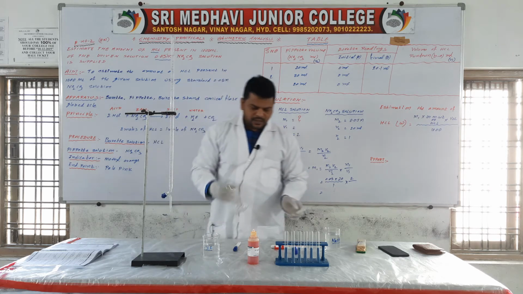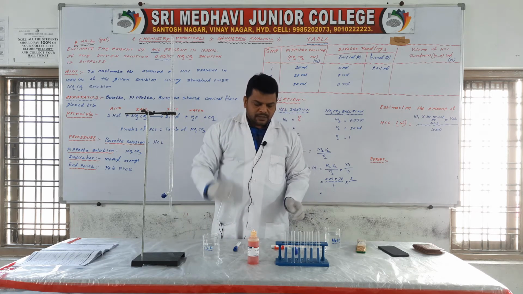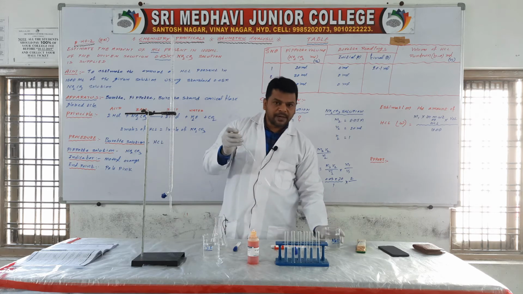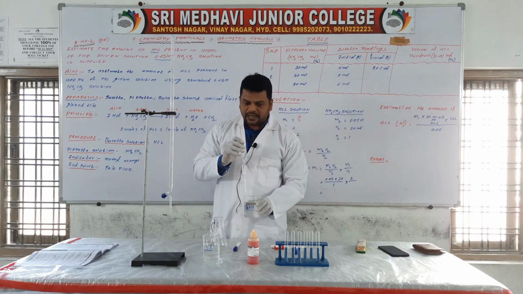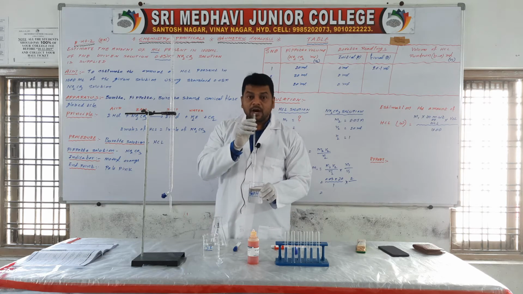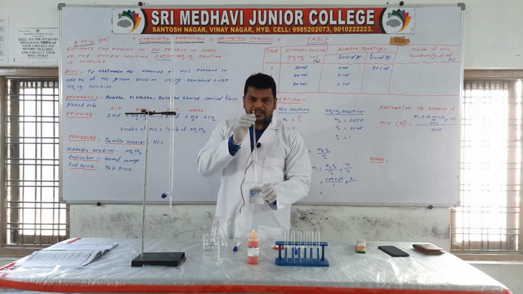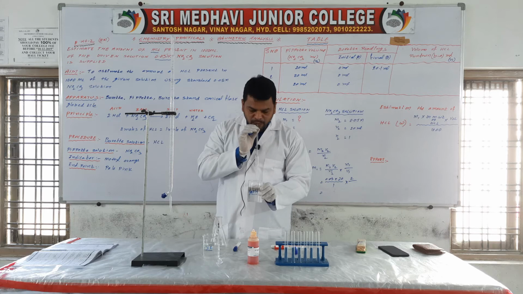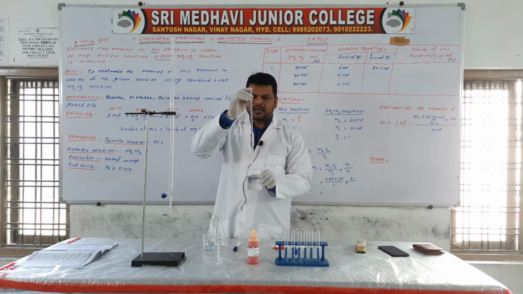Then you have to take 20 ml of sodium hydroxide into the conical flask with the help of this pipette. You have to draw up the sodium hydroxide with the help of a pipette like this.